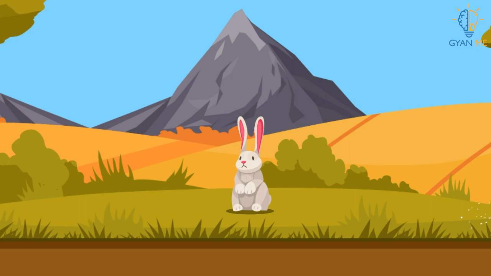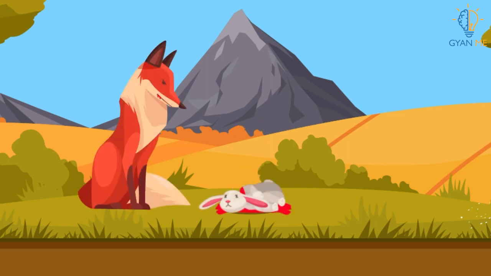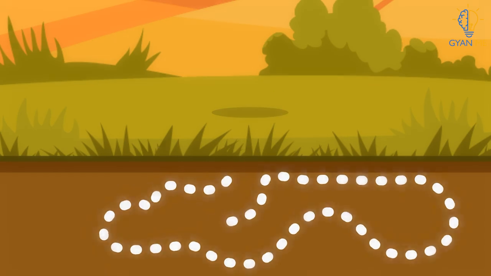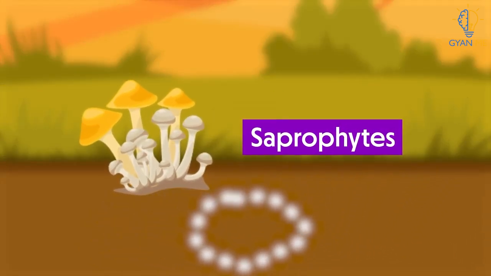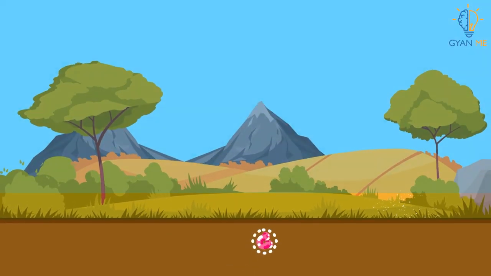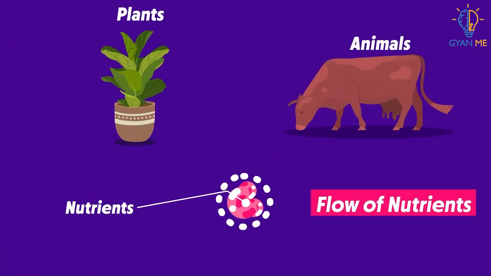These organisms, after they die, are decomposed by certain organisms called saprophytes. This not only enriches and replenishes the atmosphere but also the soil. These nutrients again enter plant body and then again enter animals when these plants are being eaten.